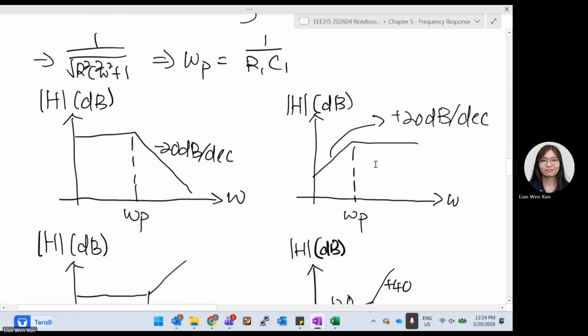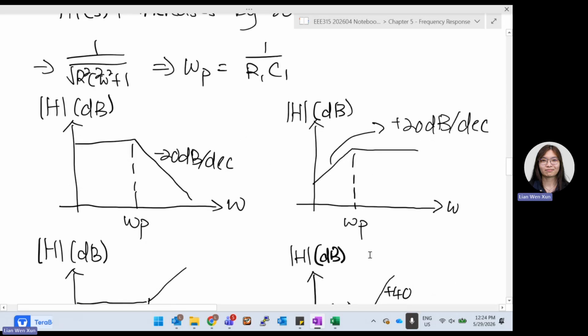Similarly, if it was initially increasing, but it sees the pole already, then it needs to drop by negative 20 dB per decade, right? So it will be a flat line, because initially this slope was plus 20 dB per decade. I want to minus out the 20 dB per decade, so it becomes a flat line.